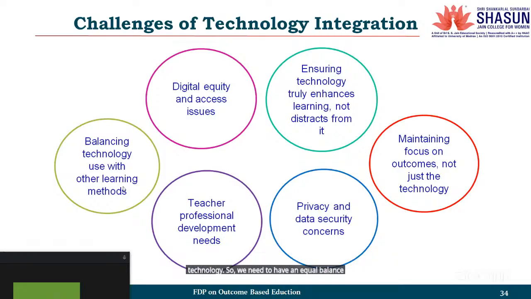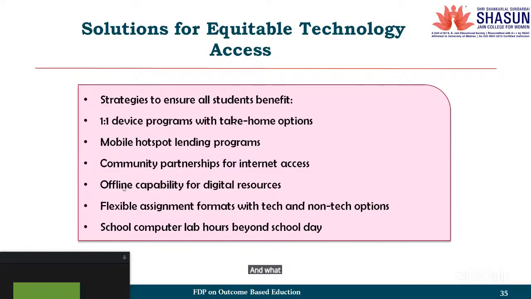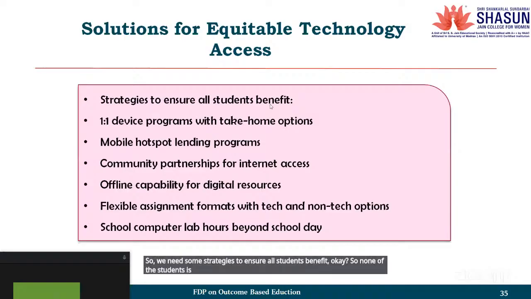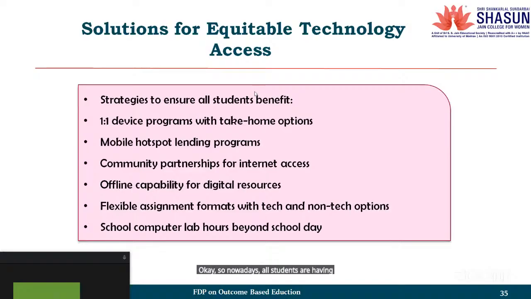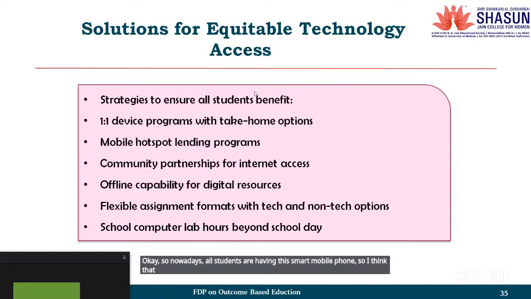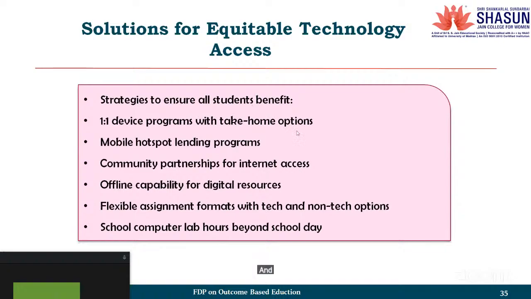So these are the challenges we have, and the solution we can provide is, as I told you about equitable technology access. We need some strategies to ensure all students benefit. None of the students should be left out; all the students must benefit. So, 1:1. Nowadays all students have smart mobile phones, so I think that is not a problem. And then internet connectivity, community partnerships for internet access, and offline capability.